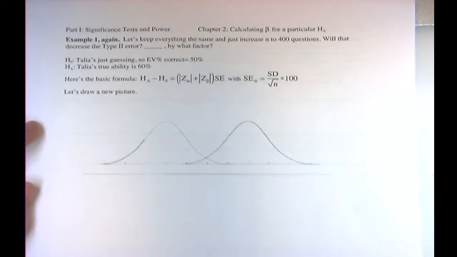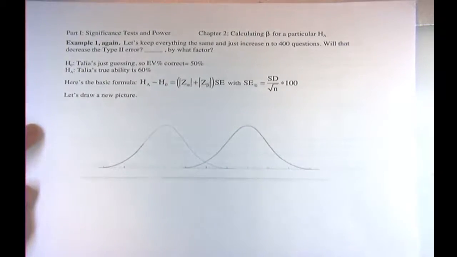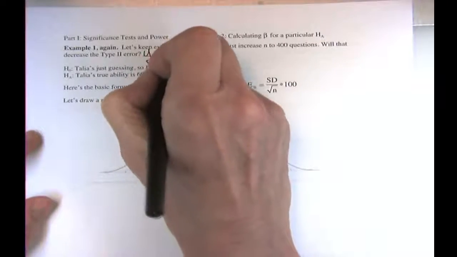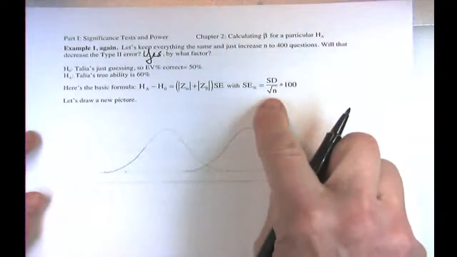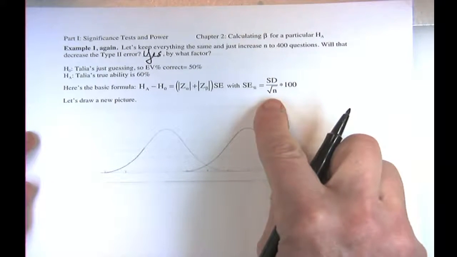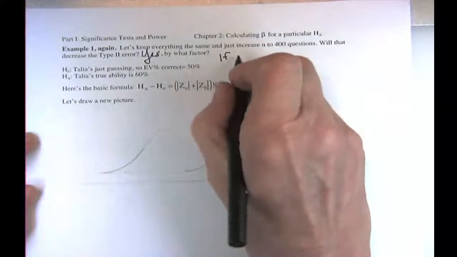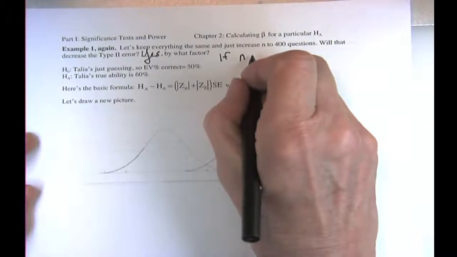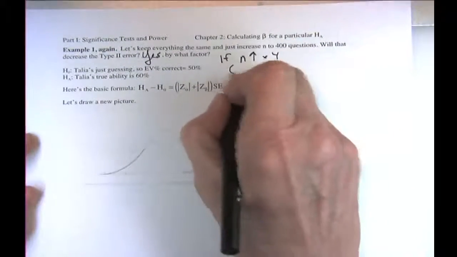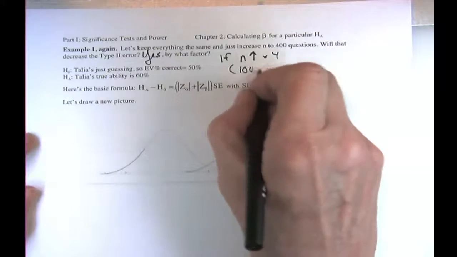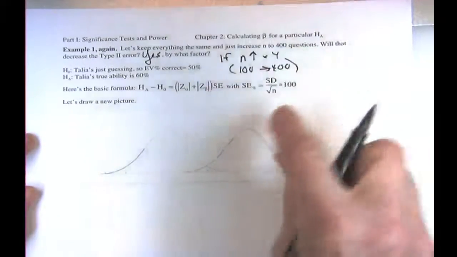But let's see what the power of the test would be then. Will that decrease the probability of a type 2 error? Yes. By what factor? Well, n increases by what? Times 4, from 100 to 400.